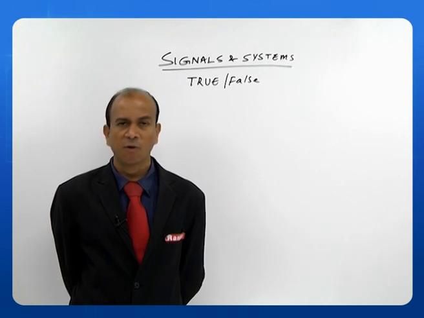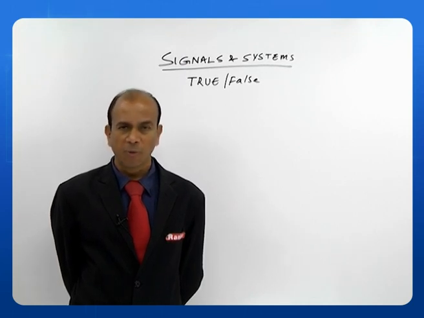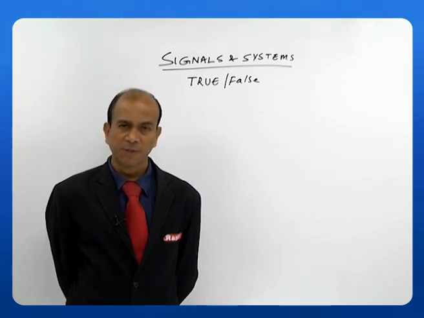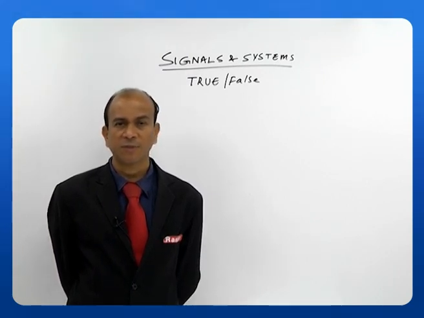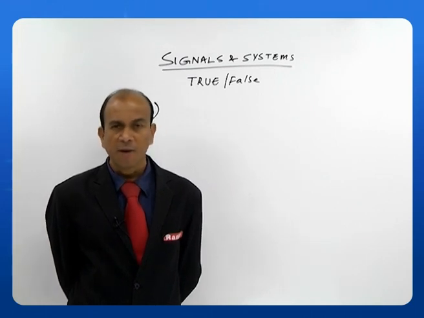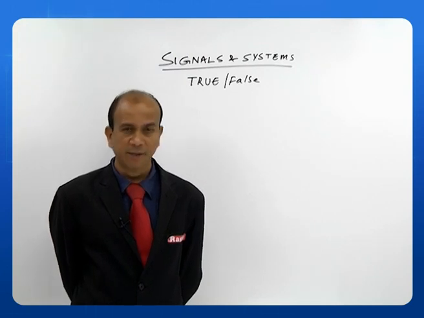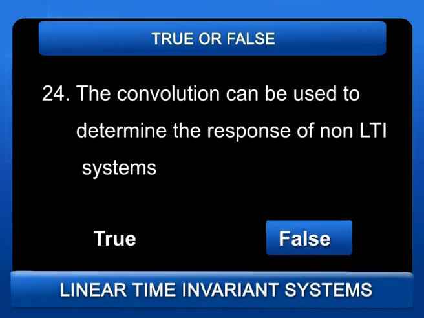So if you call y of t the output response of a system, it will be equal to x of t, which is the input of the system, convolved with the transfer function of the system h of t. That is, y of t will be x of t convolved with h of t. Whereas this question says the convolution can be used to determine the response of a non-LTI system. So the answer is false.